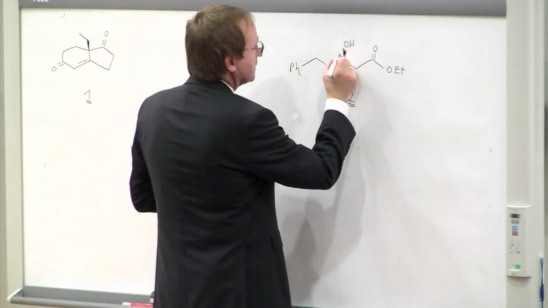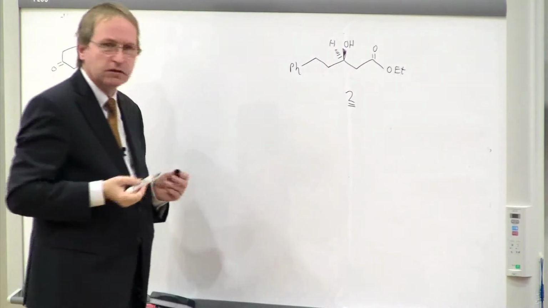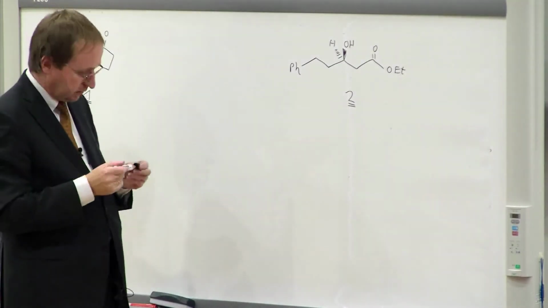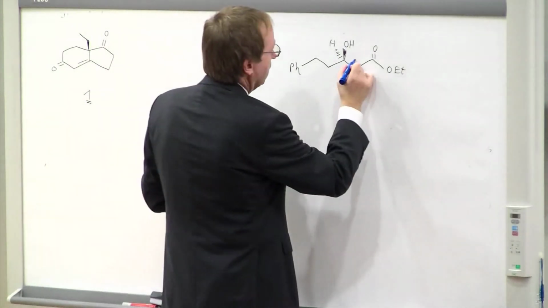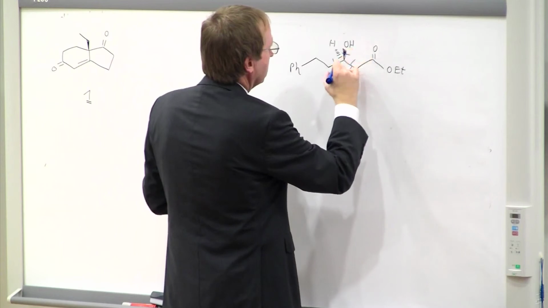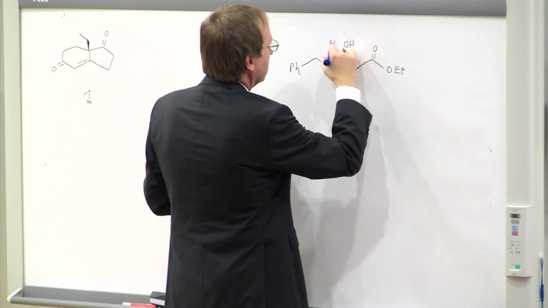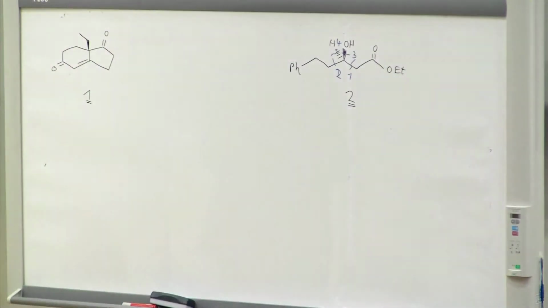To synthesize a stereocenter, you have the possibilities to make 4 bonds. This bond, this bond, this bond. Yeah? That's all you have. You can form each of these 4 bonds.